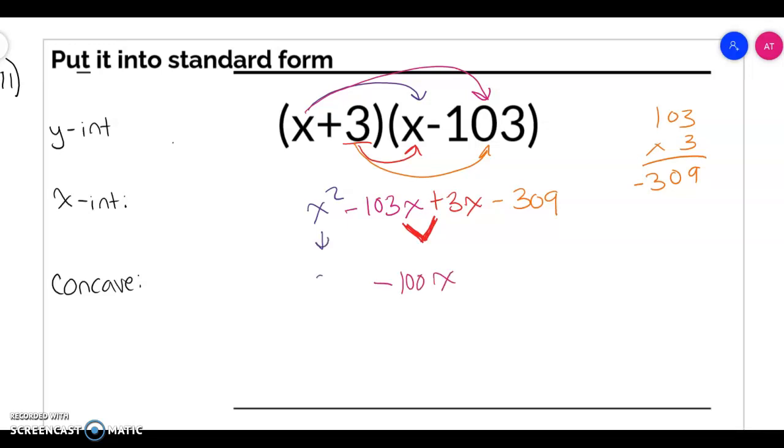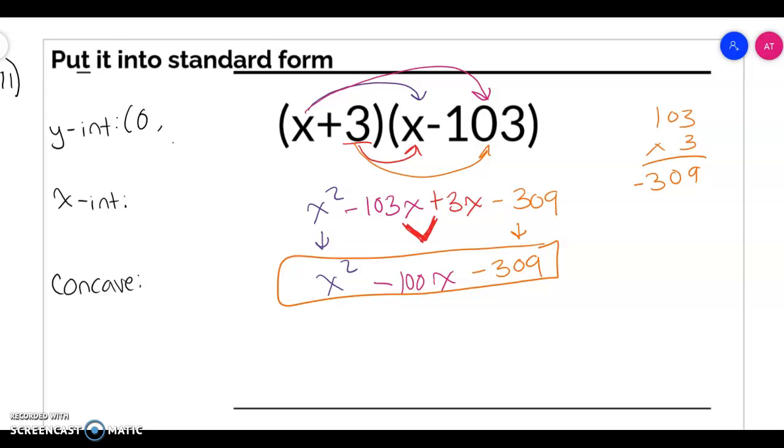Sorry. I'm going to bring everything else down to make sure it's all nice and pretty and even in standard form. So what's my y-intercept, you ask? Well, let's look at our constant or term that doesn't have an x, which is negative 103. So we're going to have 0, negative 103 for our y-intercept.